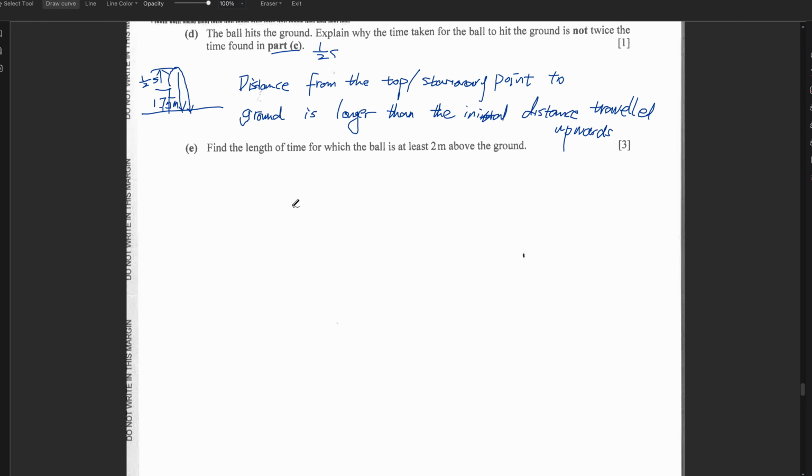All right. Part E, find the length of time for which the ball is at least 2 meters above the ground. So we have the h formula, which is 3 minus 5 (t minus half) squared. We need this to be at least 2 meters, so greater than or equal to 2. Simplify this.